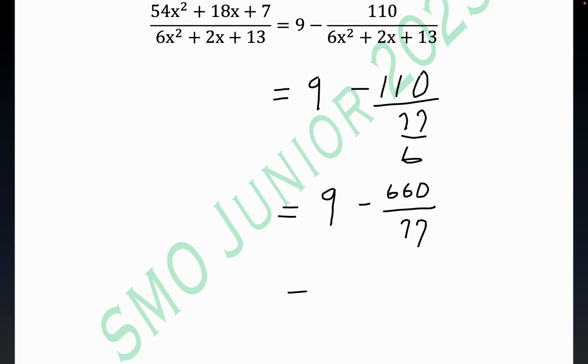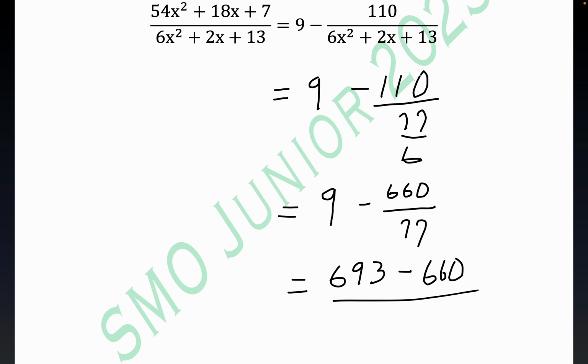Now notice here that 9 times 77 would be 693. So you get 693 minus 660 all over 77. Again, that's the common denominator, converting a pair of fractions into a single fraction.